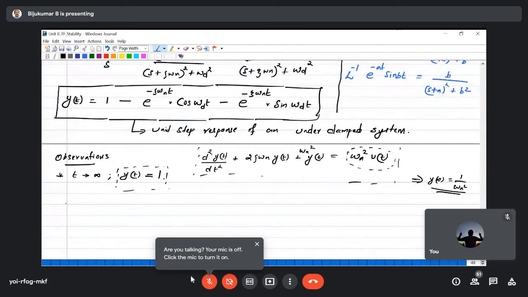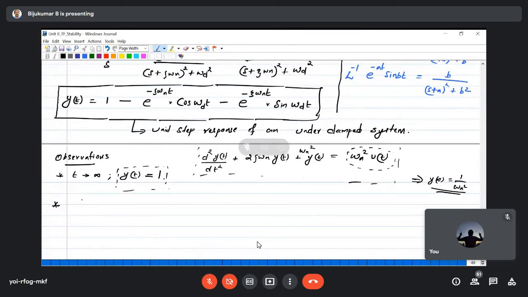Okay. And any other observation? Here the steady state value is 1 and the exponents of the exponential terms are the real part of the poles. Any other observation? Yesterday we introduced one more term, right? Omega d. So now we can define what omega d is. We have two terms, one sine term and one cosine term.